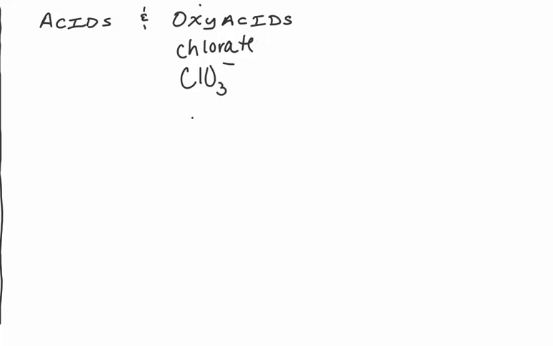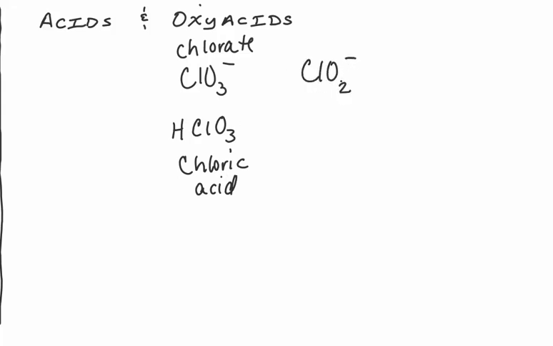So although this is chlorate, so if we were to add a hydrogen to satiate that charge, this would be chloric acid. If we remove one oxygen from it, we form chlorite. So it should come as no surprise that this is then chlorous acid.